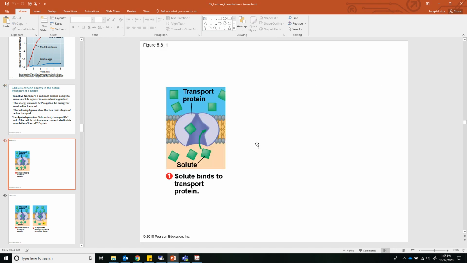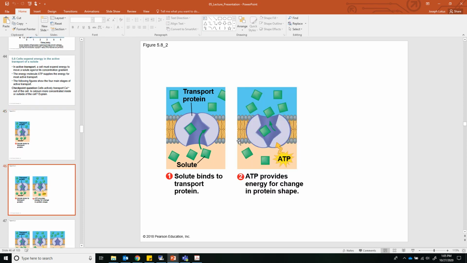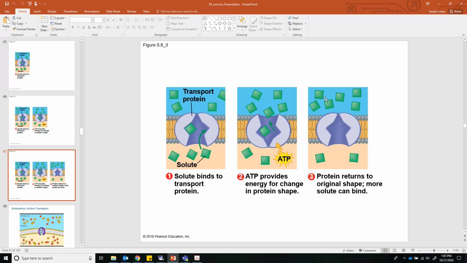So we're going to look at a few different stages of active transport. The first thing that's happening here is we have this transport protein, and we have these particles that we want to move against their concentration gradient. Well, by using ATP, we can change the shape of this protein to release these particles where they don't want to go. Because remember, these particles, where do you think they want to go?